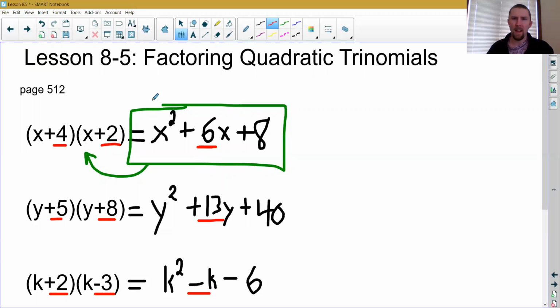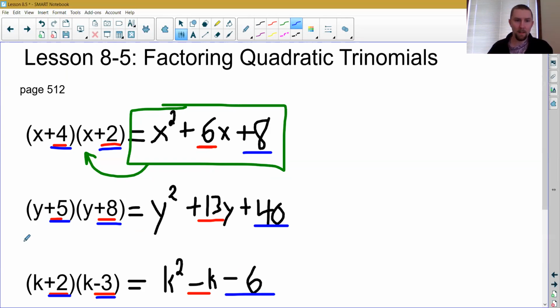I want you to notice also that this last number is this number multiplied by that number. 4 times 2 is 8. 5 times 8 is 40, and 2 times a negative 3 makes a negative 6. So that is true all the time.